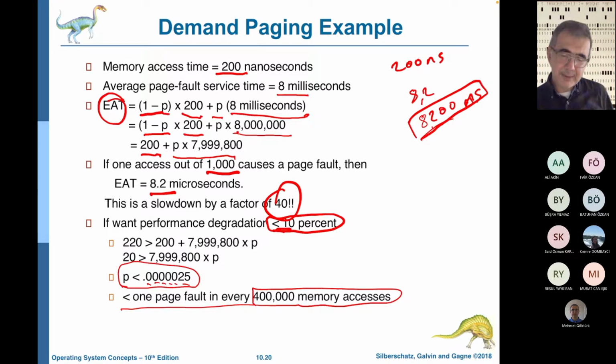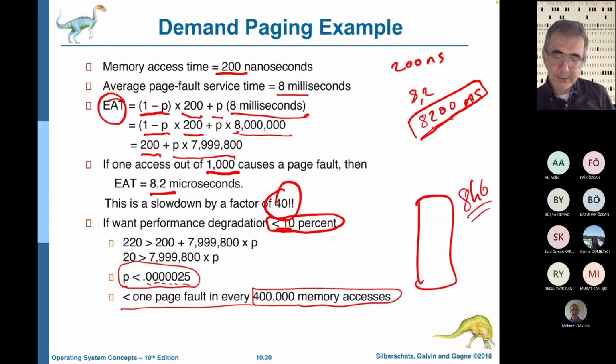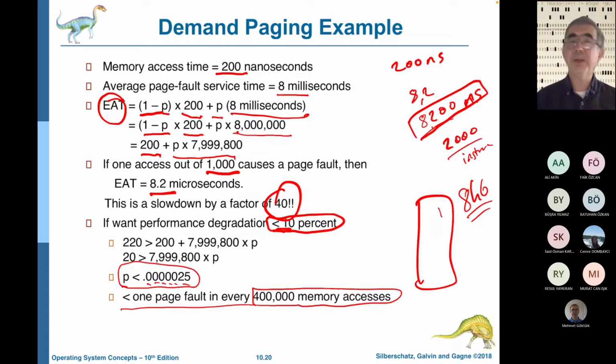And keep in mind that when your page is 8 kilobytes, for example, you probably have 2,000, 3,000 instructions in one page.